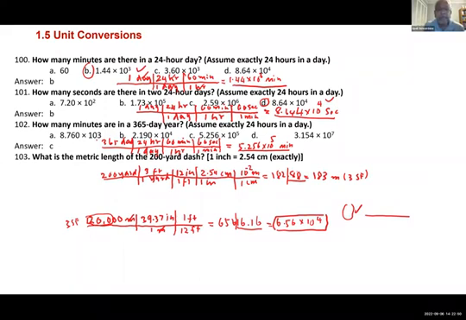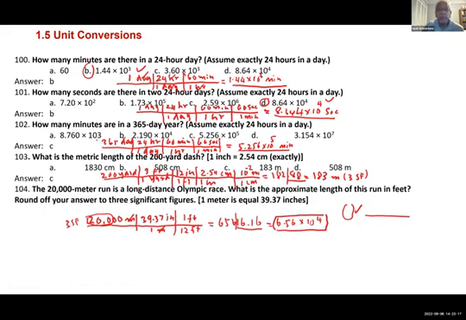A foot has 12 inches. And 1 inch is 2.54 centimeters. 1 centimeter is 10 to the negative 2 meters. So finally all these cancel out except the last one here, meters. So the answer is 183. 183 right here.